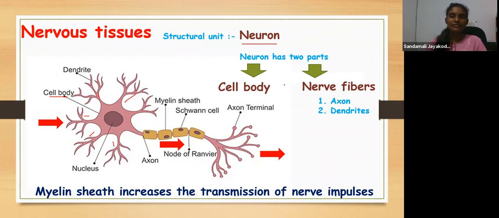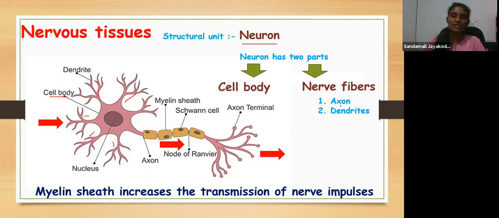And then the cell body contains different cellular organelles, mainly a large nucleus, because this is a very important tissue in our body. It is very special. It has a very special structure, a large nucleus, and some special shapes to transmit nerve impulses. As for the nerve fibers, there are two types.